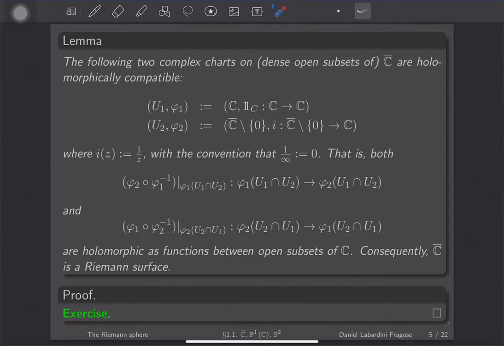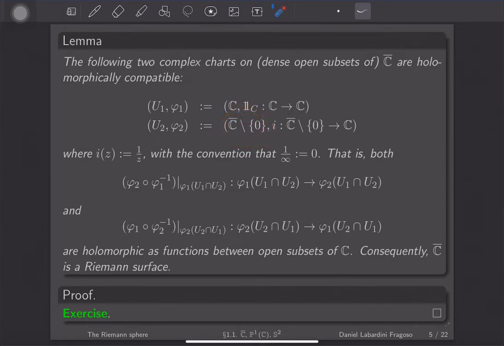So what I want to say is that it is possible to cover C bar with two special open sets, namely C, which we declared is one of the obvious open sets in C bar, and C bar minus 0. Of course, 0 forms a compact subset of C, so its complement is open in C bar.